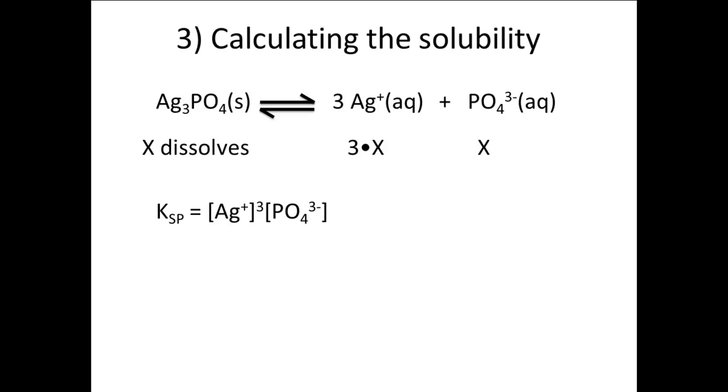Now we can substitute the variables we have determined for the concentrations of the ions into the equilibrium, that is the KSP expression. So, for the concentration of silver ions, we substitute 3X, raised to the third power.